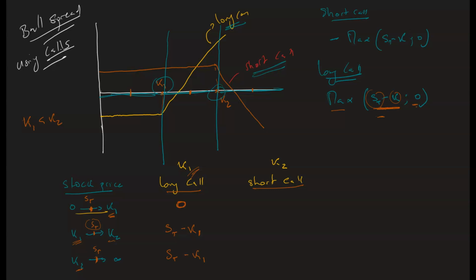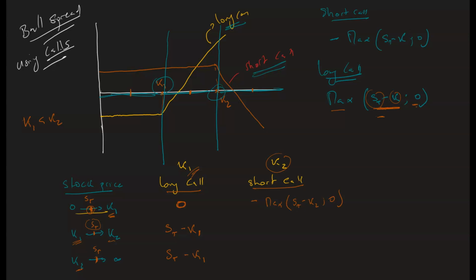What that means is, if the stock price is right here between 0 and K1, the short call position would be minus the maximum of ST minus K2 and 0.